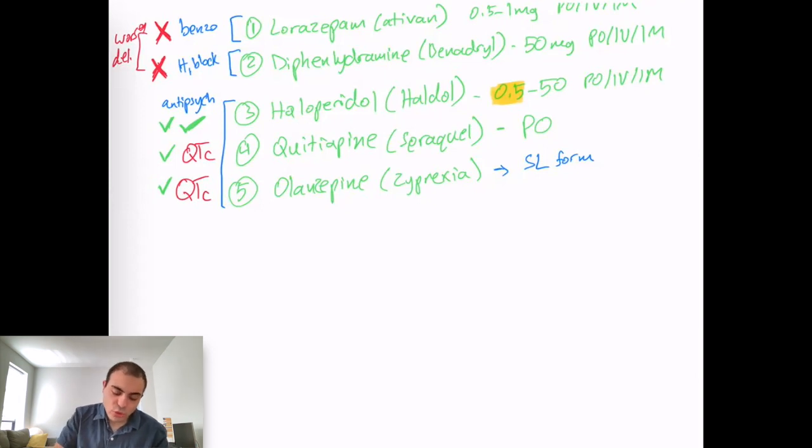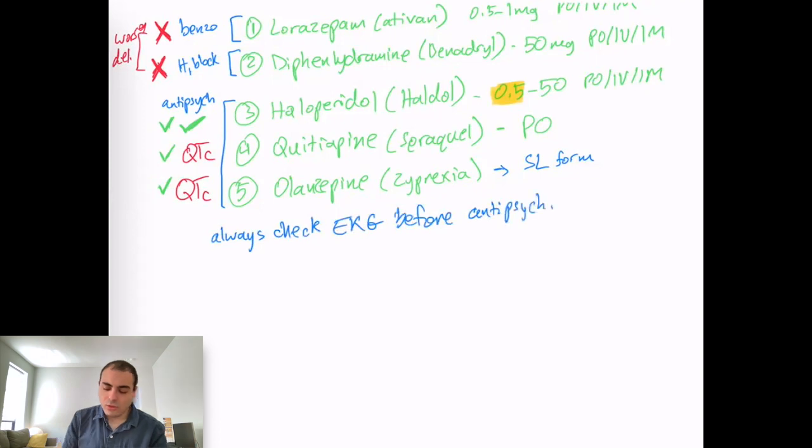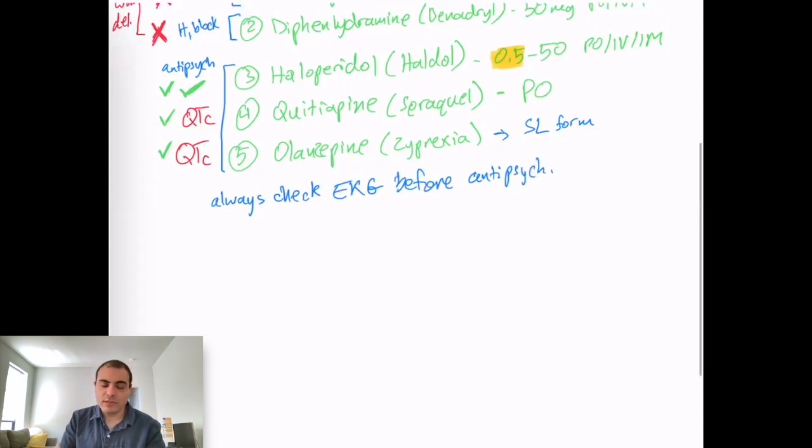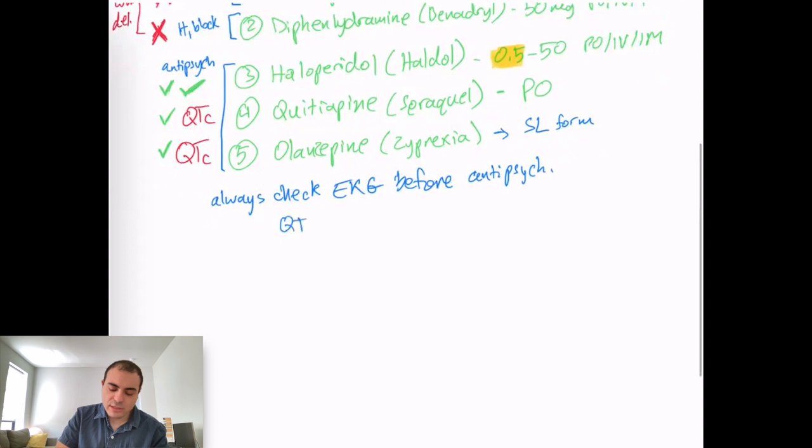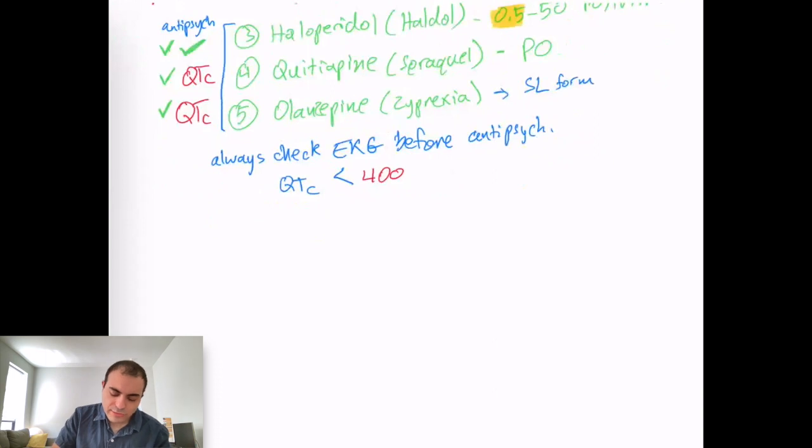So always check an EKG before you give antipsychotics. Okay, and what's the magic number you want the QTc to be less than? 440. 400. Okay.